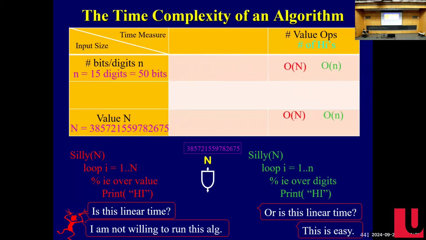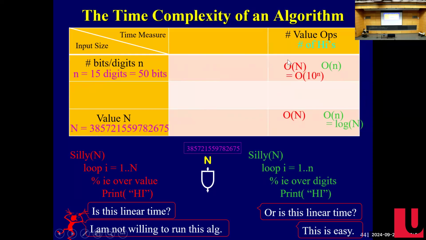All right, so now what's the running time? As we've seen, it's capital N versus little n. But in this top one, we're expressing the running time in terms of the size of the input, which is little n, right? So capital N, we know, is 2 to the little n, right?